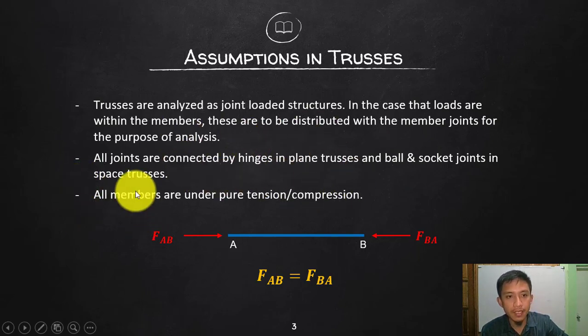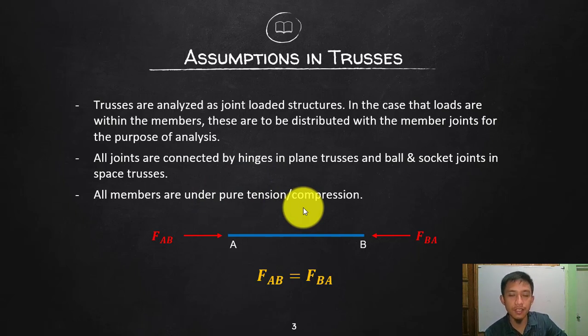And third, all members are under pure tension or pure compression. As I explained in the introduction on trusses, beams, and frames, all the members of trusses are purely under compression or tension because there are no member moments.